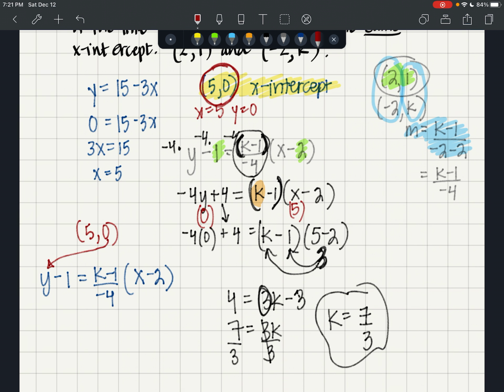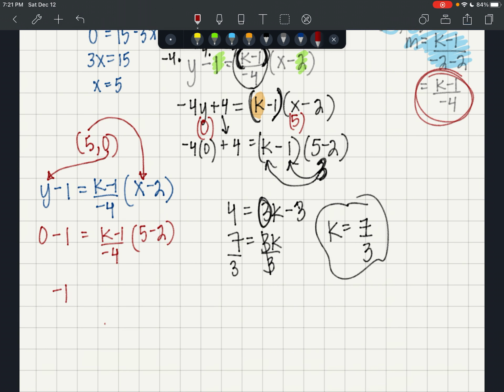So we put a 0 in for y, and we're going to put a 5 in for x. So 0 minus 1 equals k minus 1 over negative 4. That's our slope. Times 5 minus 2. So we've got negative 1 equals k minus 1 over negative 4 times 3.